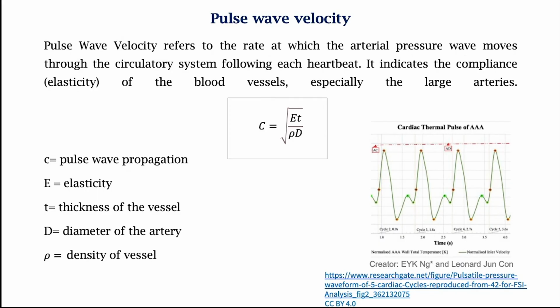And rho is the density of the vessel, not blood, and d is the diameter of the vessel. Sorry, I meant the diameter can vary because of the deposits. Thickness of the vessel is also a health factor. But elasticity is a different dimension, a different property of the material.